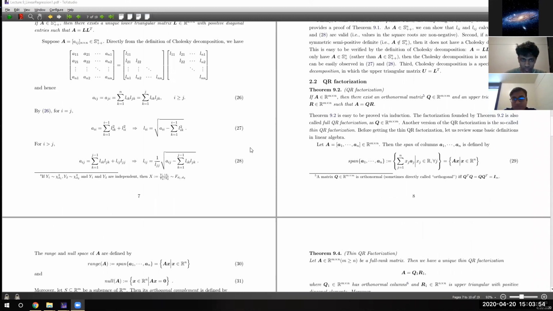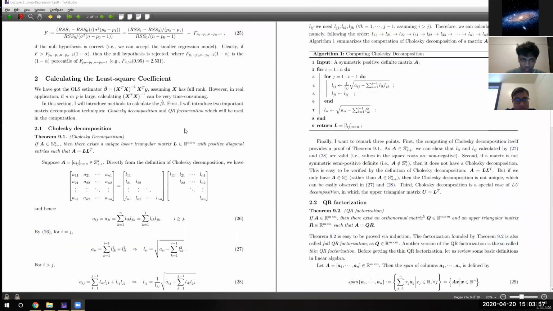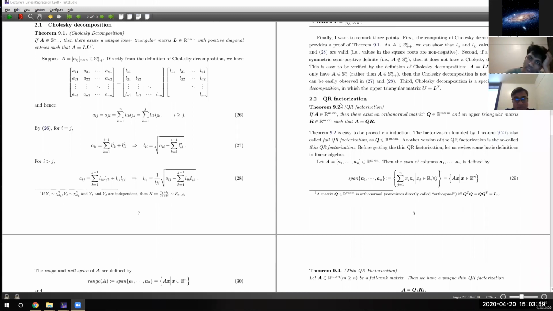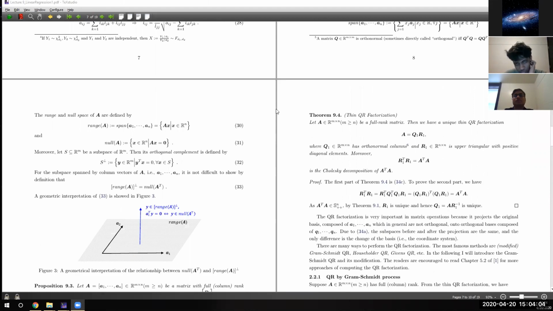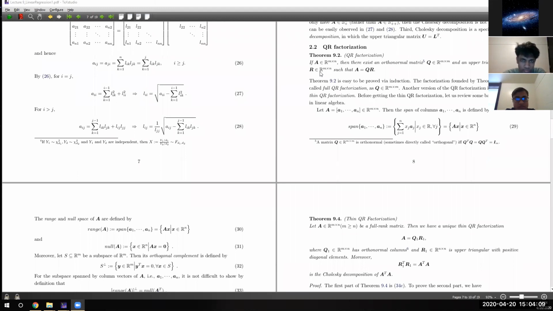In the last class, we finished the Cholesky decomposition and we started the QR factorization. So some very basic reviews. First, we have the full QR decomposition. For the full QR factorization, for a given matrix A in R^(m×n), A equals QR, where Q is a full square matrix and R is an upper triangular matrix.